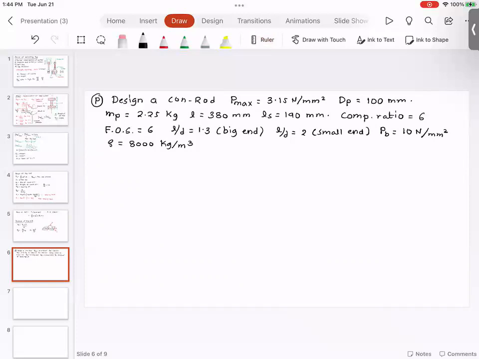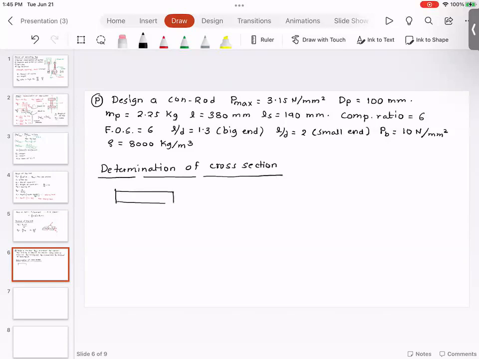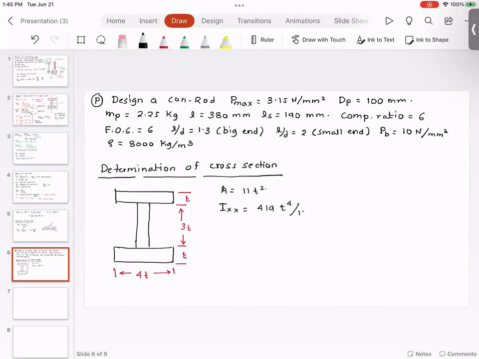So if you have the standard dimensions, area is 11t square, Ixx is 419, and this comes from the data book.